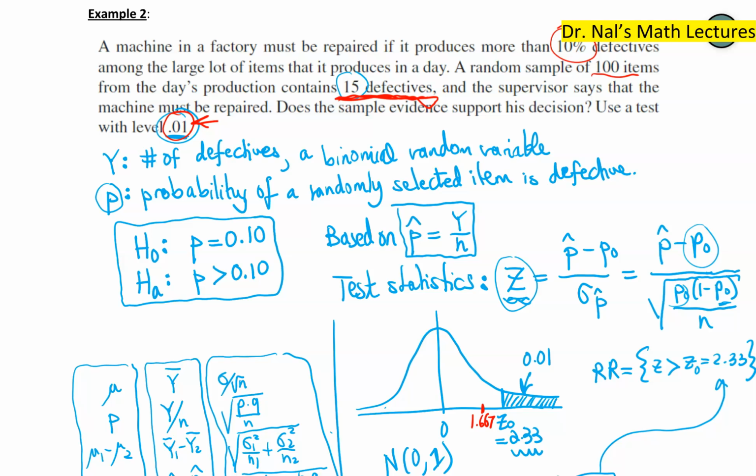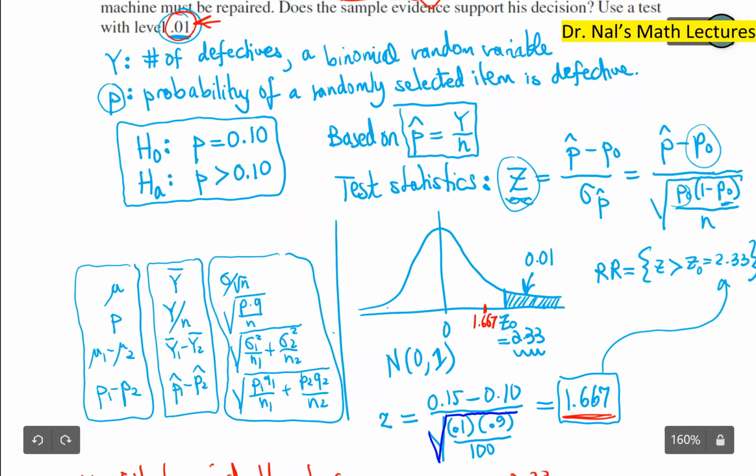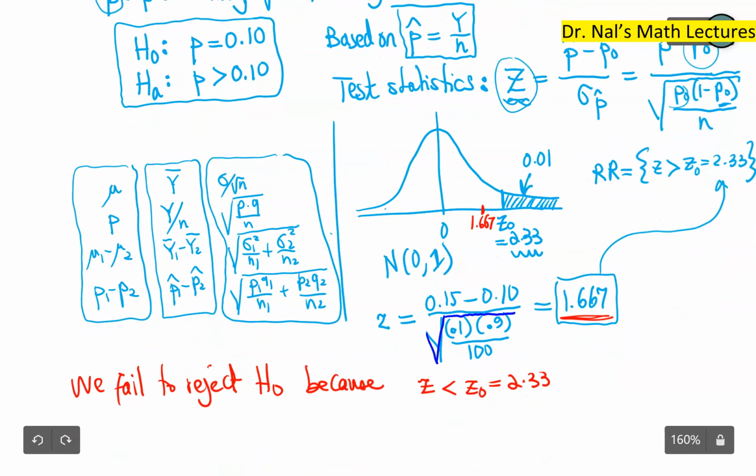So how can the supervisor convince the CEO? By pulling more samples. If from 200 samples we found 30 defective, the ratio being the same, then suddenly things would change, right? This number would be multiplied by 1.4, the square root of 2. Well, the more I think about it, even that won't be sufficient.